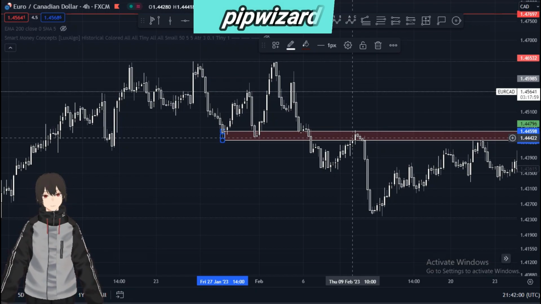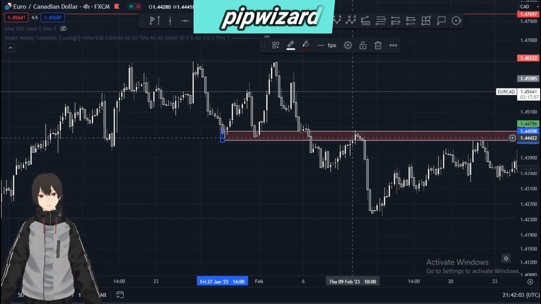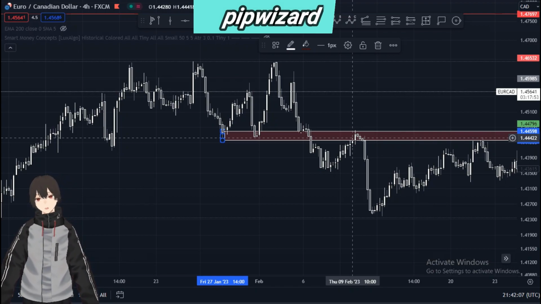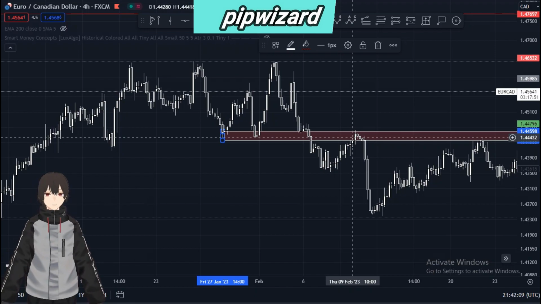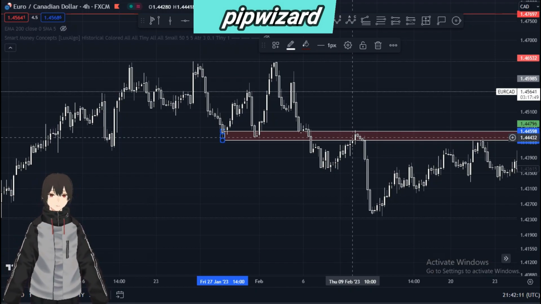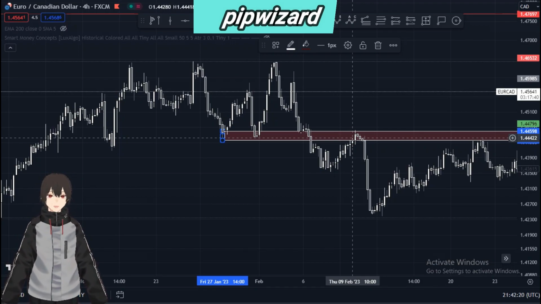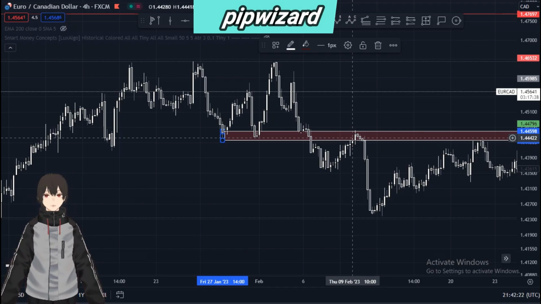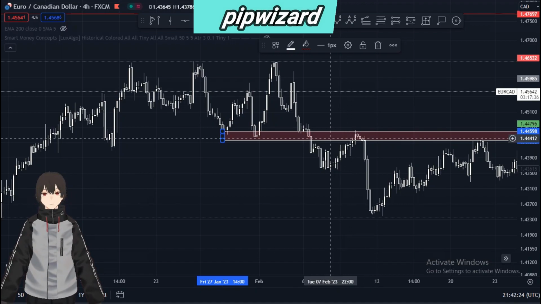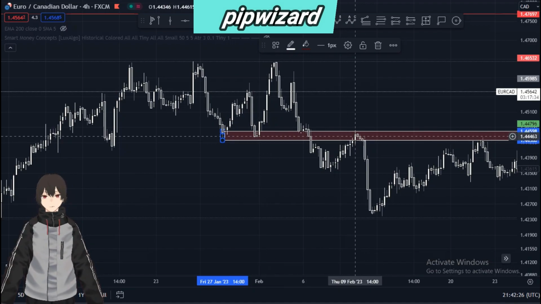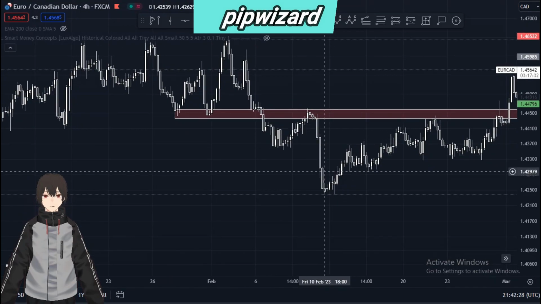And this place, as usual, you can see is a support zone. Then the market came back here, you can see the support and the market moving up. We have static and dynamic places in old price action, but in smart money we use support and resistance.